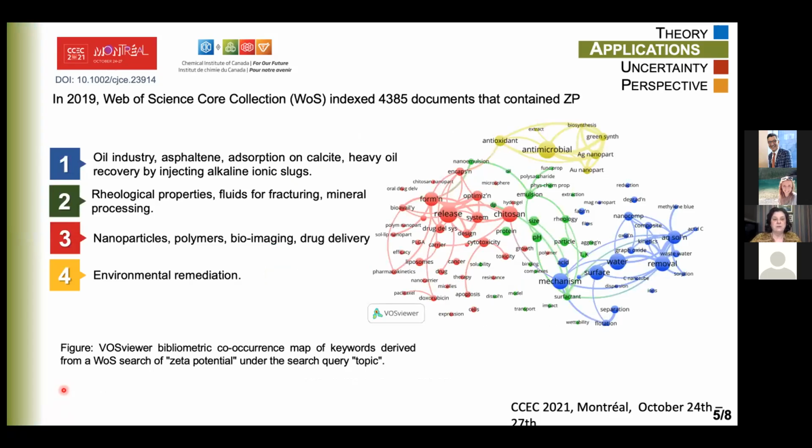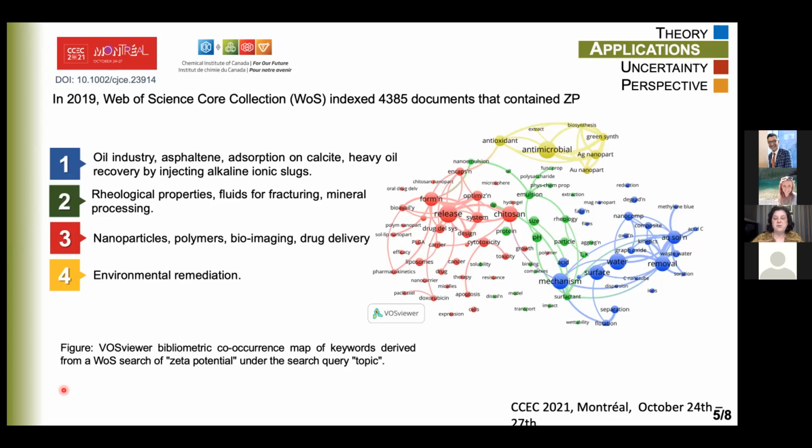So in 2019, while searching for applications of this technique, we found more than 4,000 documents that contain the term zeta potential. After we built the VOSviewer bibliometric co-occurrence map of all these keywords, we were able to find mostly these 4 clusters.